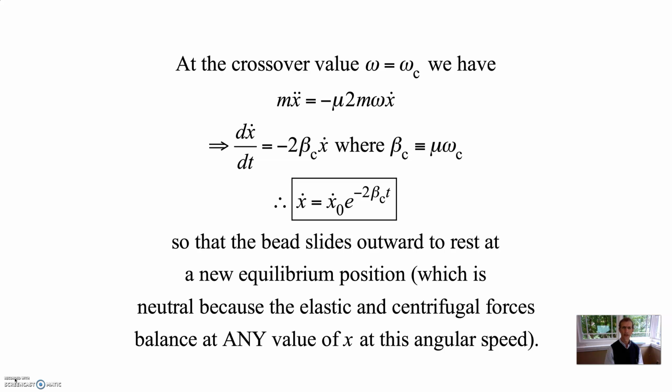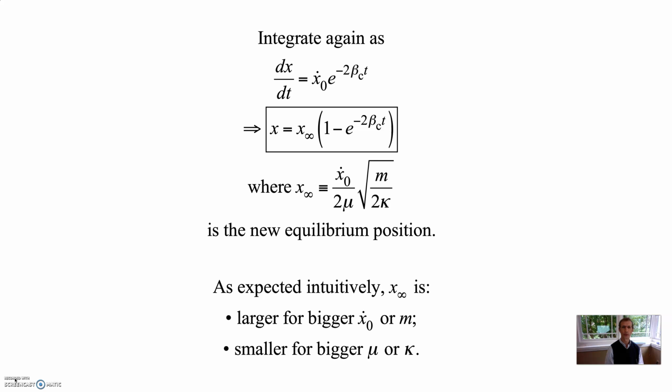Now, taking this boxed equation for the velocity, we can integrate it again to find the position as a function of time. And so we find what the new equilibrium position x sub infinity is. I called it x sub infinity because it takes an infinite amount of time for the bead to actually reach that final equilibrium position.